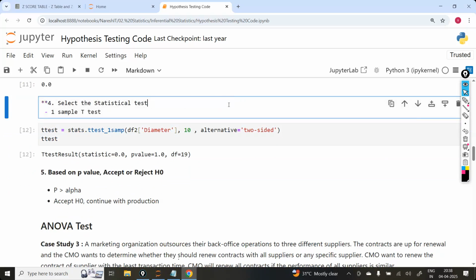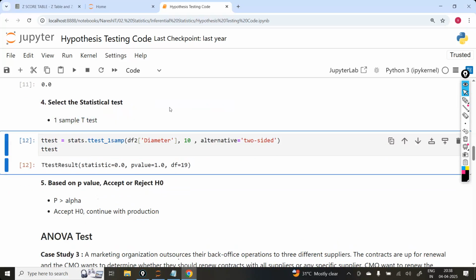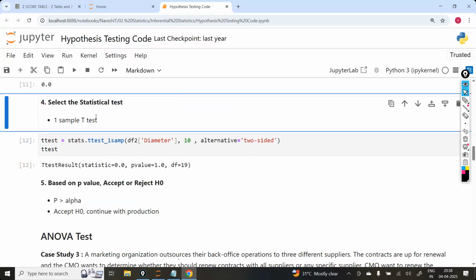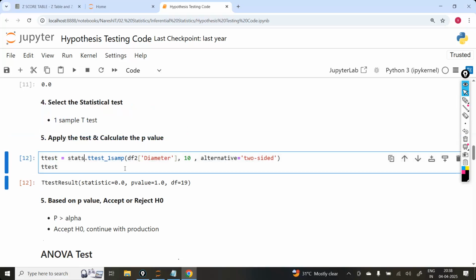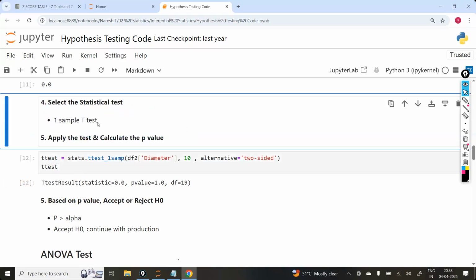Okay. Once the test is selected, apply the test. Step number 5, what is that? Apply the test and calculate the p value, right? It will do automatically. Apply the test and calculate the p value. So you are just applying the test. What test have you selected?